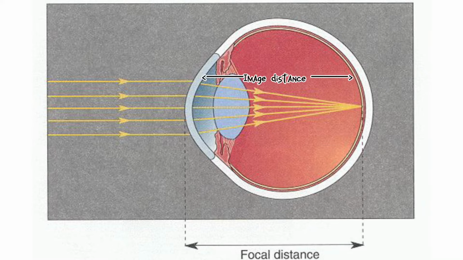In the human eye, the distance between the lens and the retina cannot be changed. It means the image distance. So by changing the curvature of the eye lens, distant objects and nearby objects both can be observed.